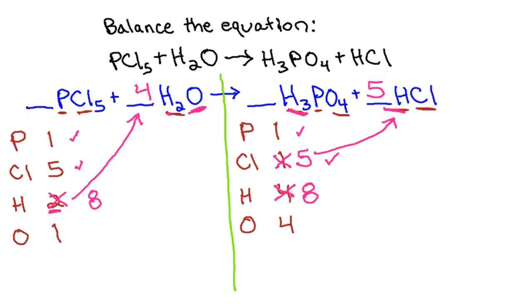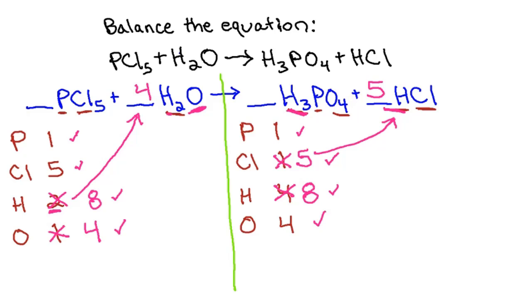So now there are 4 oxygens on the left. So we're going to cross that 1 out and turn that into 4. And so now we have 8 hydrogens on the left, 8 hydrogens on the right, and we have 4 oxygens on the left and 4 oxygens on the right.